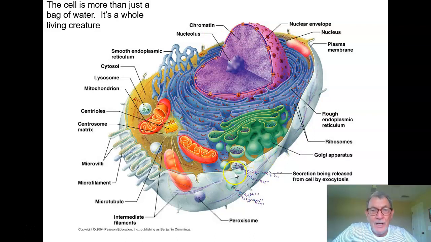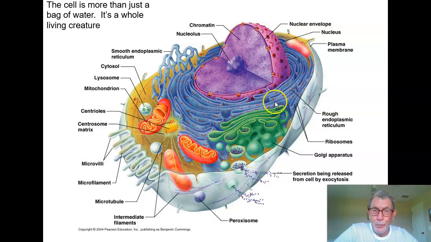It has the cell membrane, which is designed to keep out the bad stuff and let in the good stuff. Then it has all kinds of organelles that are designed to do the job inside the cell that needs to be done. First of all, to keep it alive, and secondly, to allow it to do the job it has to do for us.